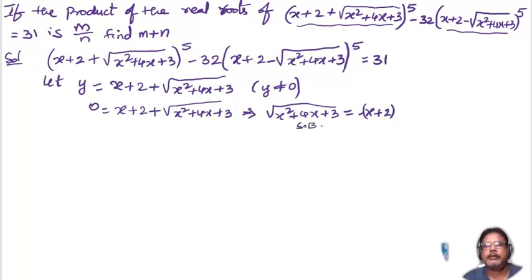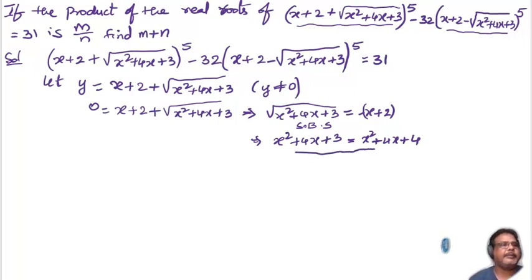Squaring on both sides, we get x² + 4x + 3 = x² + 4x + 4, which is impossible. So you can conclude that y is not equal to 0.